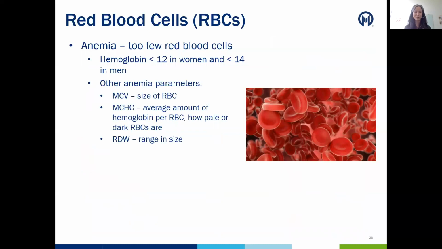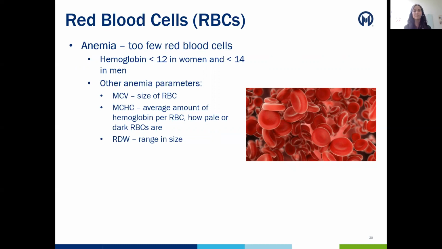So starting off with red blood cells, when a person has too few red blood cells, or low red blood cell counts, that's called anemia. The World Health Organization defines anemia as a hemoglobin of less than 12 in women or less than 14 in men, although you can see different reference ranges in different labs. And then other anemia parameters that I was mentioning: there's MCV, which refers to the size of red blood cells.